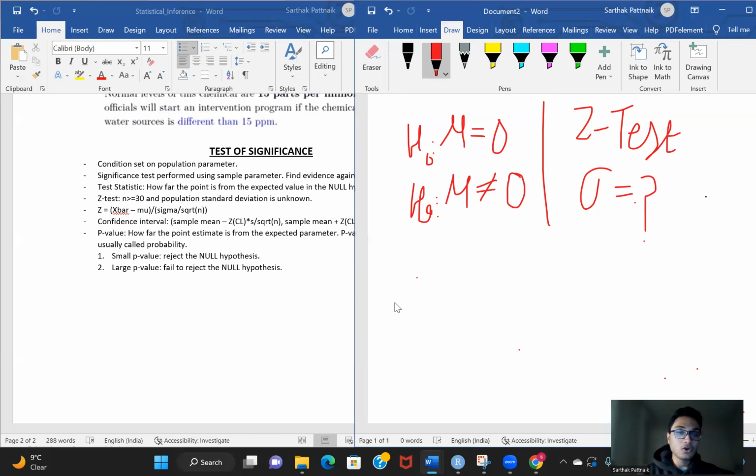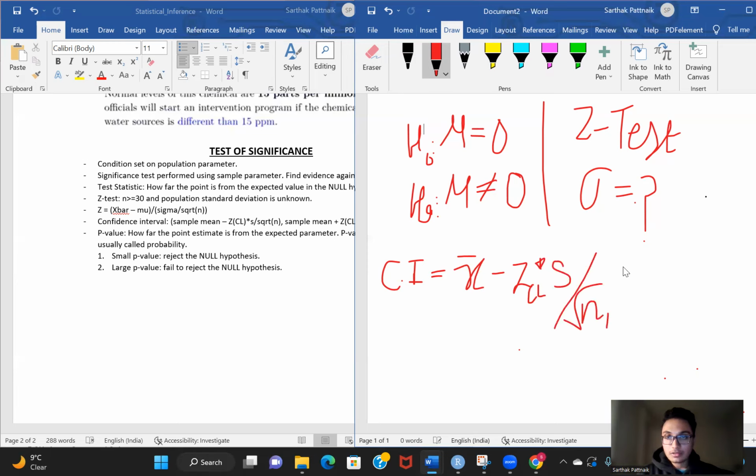Now, the confidence interval, an idea that we talked about before, of the population parameter lies somewhere between x bar minus z at the confidence level multiplied by s by square root of n.